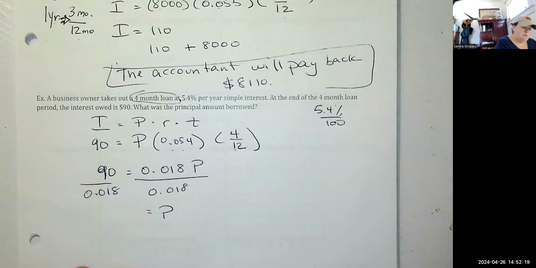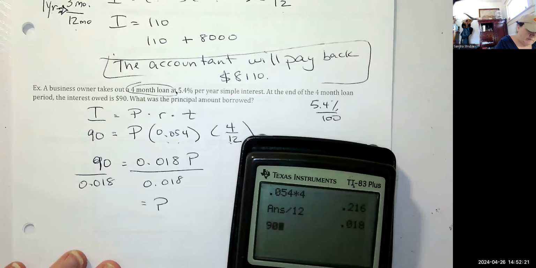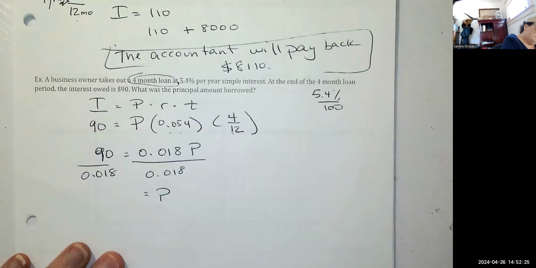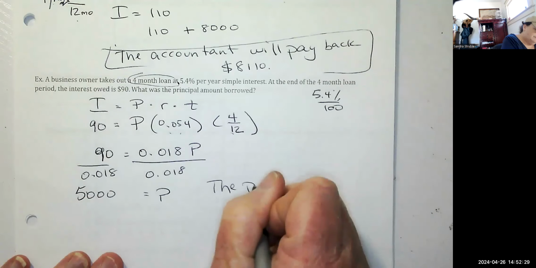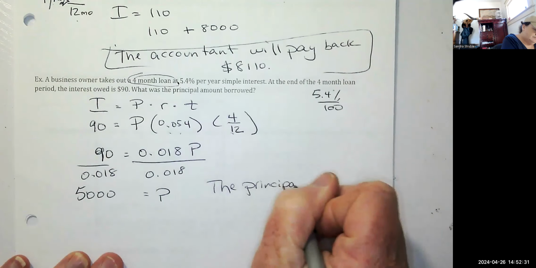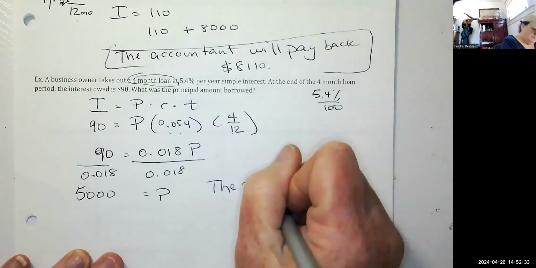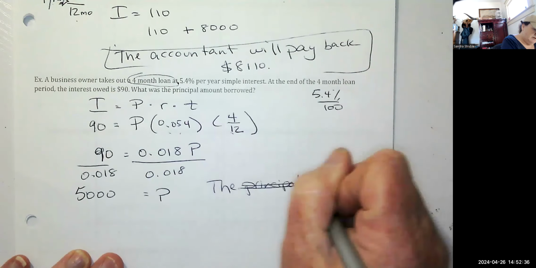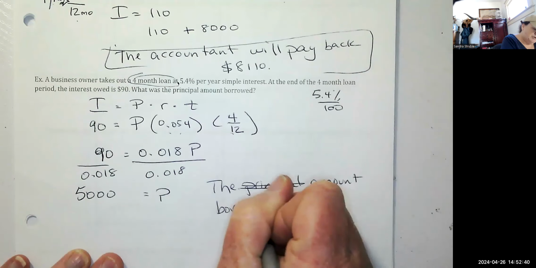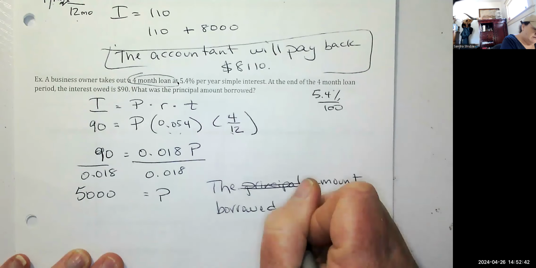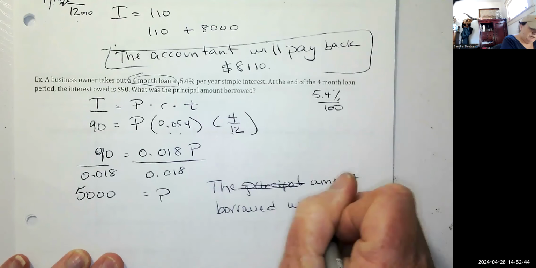And the principal is what? $5,000. So the principal, I'm sorry, the amount borrowed, trying to answer it the way they gave it to us, was $5,000.